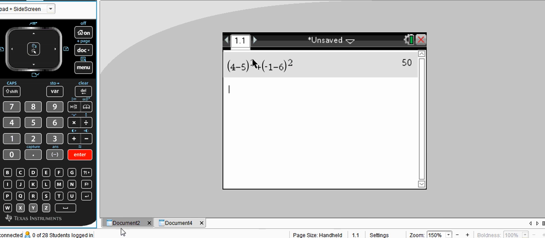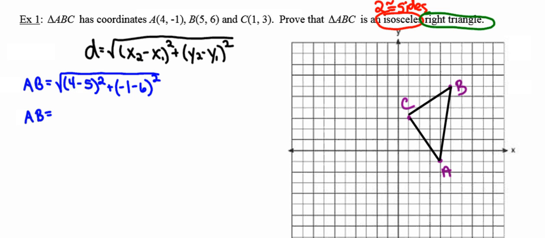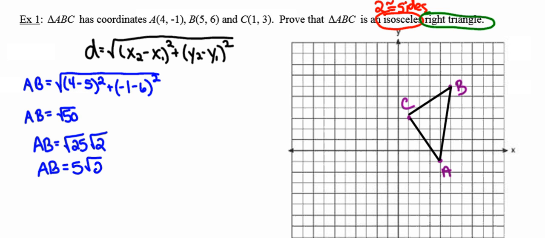So my calculator is telling me that what's underneath the square root sign is 50. 50 is not a perfect square, but it does have a factor that is. 25 will go in there 2 times. So in simplest radical form, the length of line segment AB is going to be 5 square roots of 2.